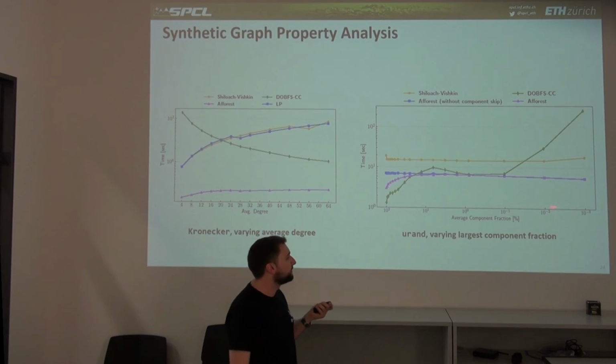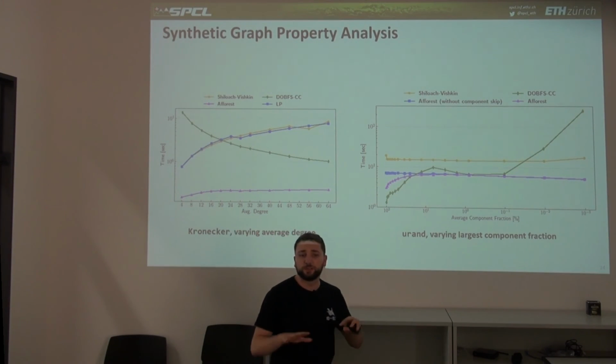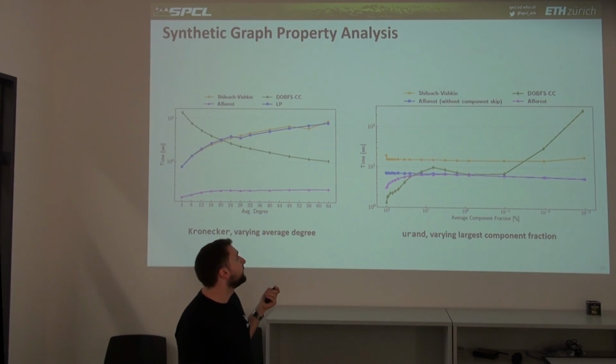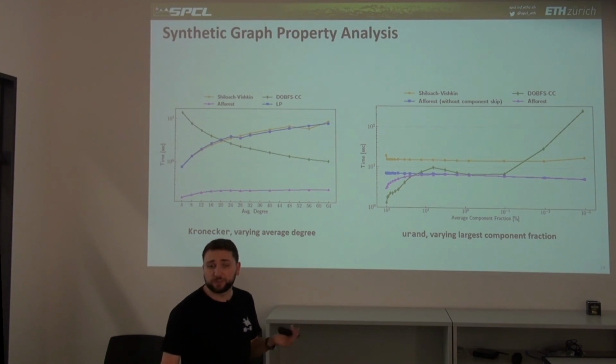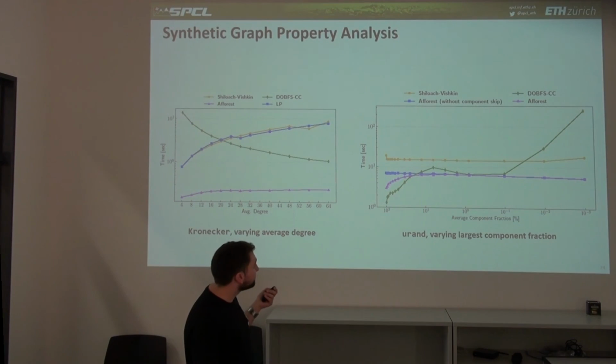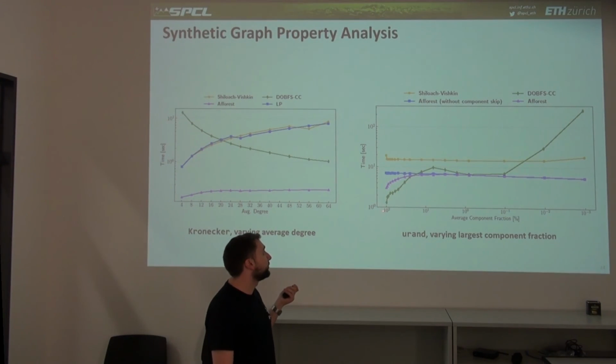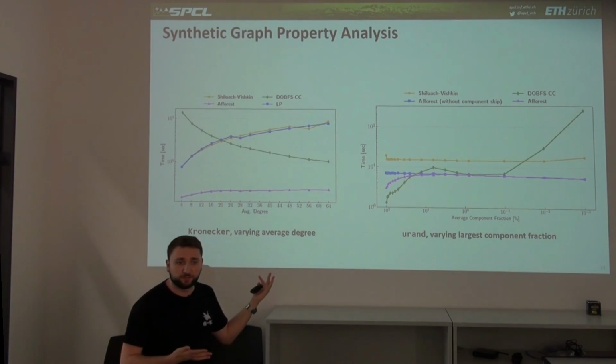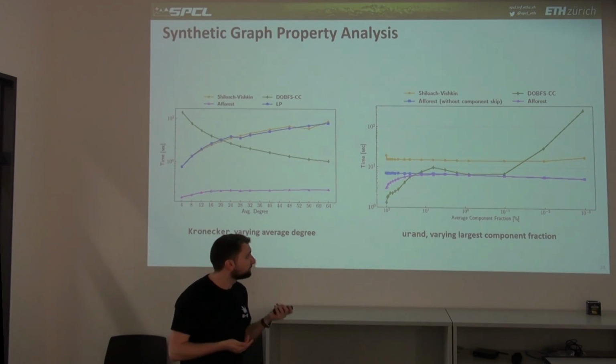And if we have 10 to the minus 3%, we have a lot of small components. And as we see here, the performance of Shiloach-Vishkin is unaffected by the number of components, as would be expected. The Afforest algorithm with the component skipping, with 1 component, we achieve the same result that we have in the main performance results.